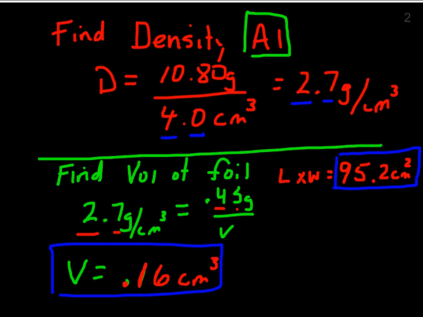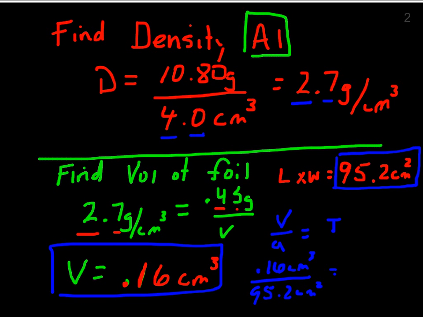If I divide the volume by the area, I am going to get the thickness, T. So I'm going to take 0.16 cubic centimeters divided by 95.2 square centimeters.